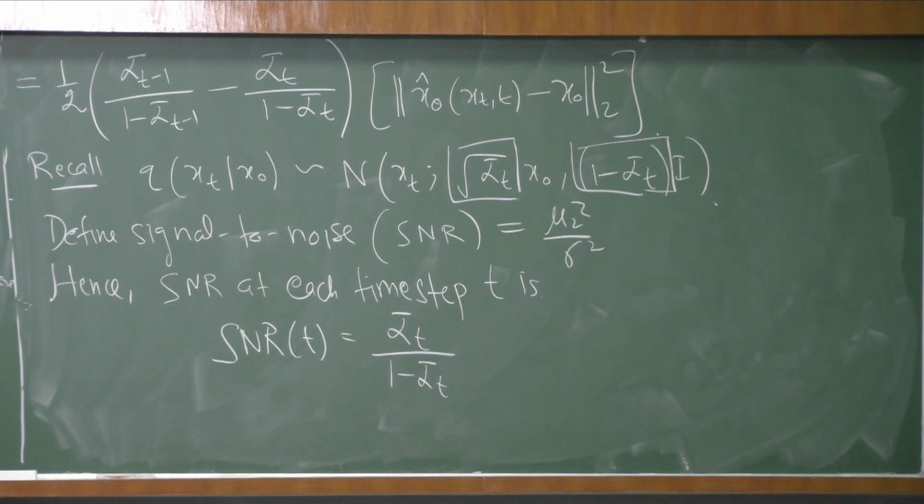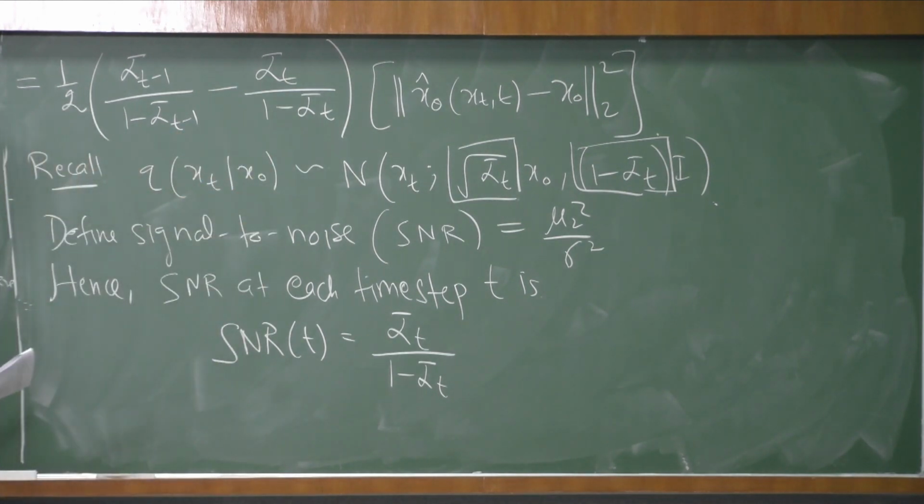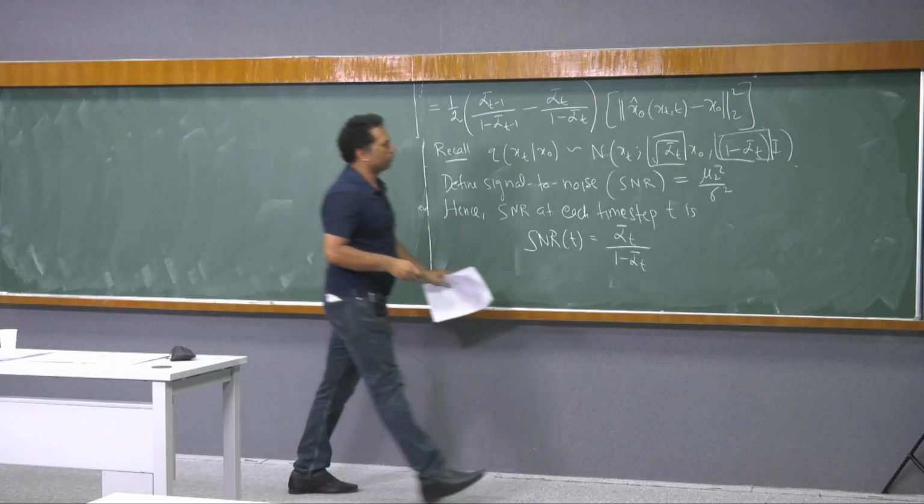So mu square by sigma square, and with this we can now write this as SNR t minus 1 minus SNR t. Okay, that's the plan, so let us do that. We can mark that as star.